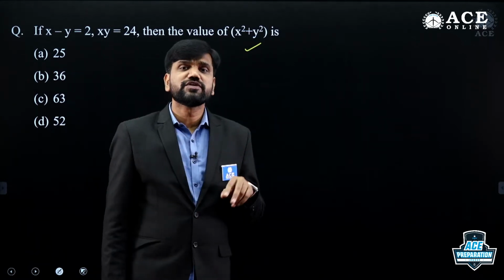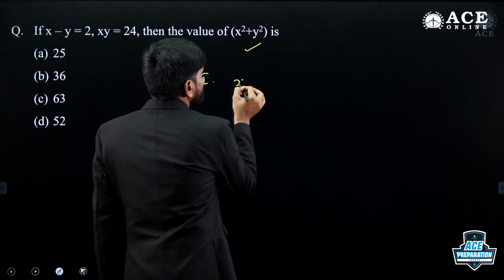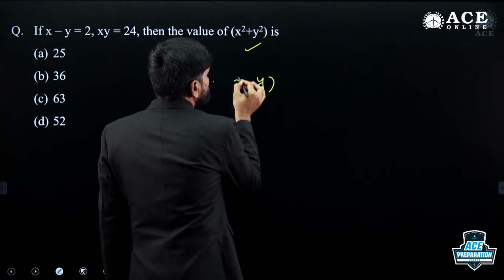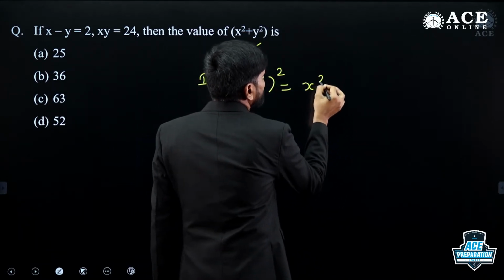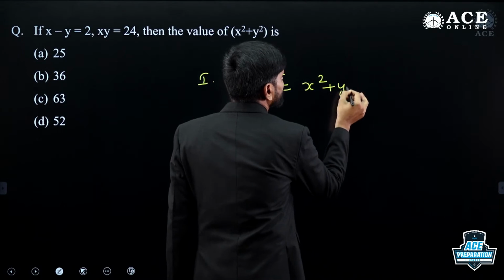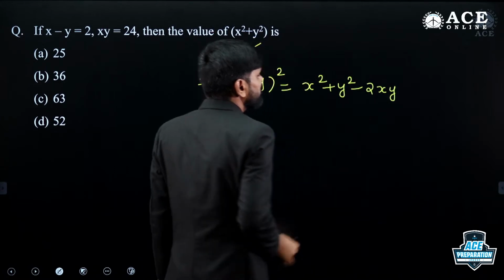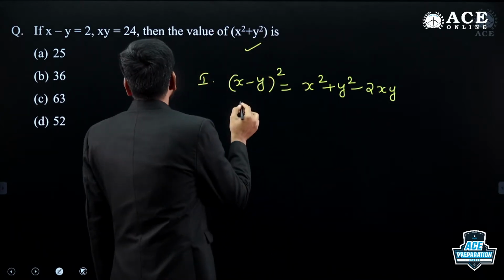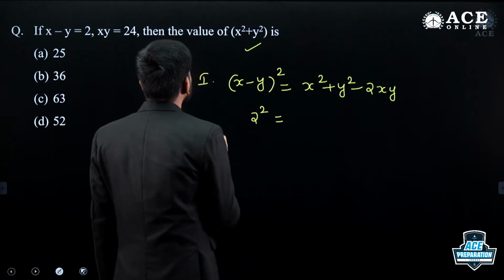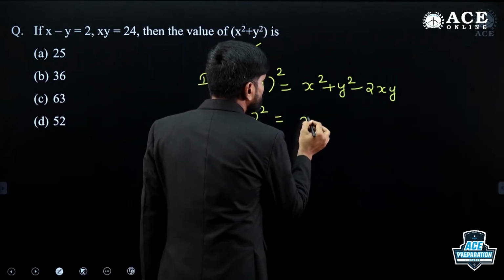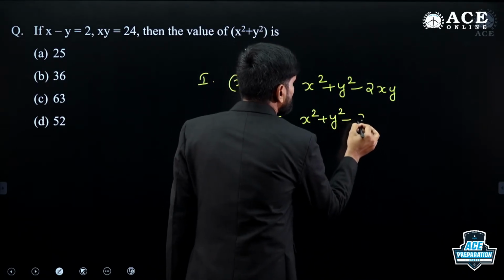As I know the value of x minus y, and as they are asking for x square plus y square, I can simply take this formula into consideration. x minus y whole square must be equal to x square plus y square minus 2xy. So here the x minus y value we know, that is 2. 2 square is equal to x square plus y square minus 2xy.